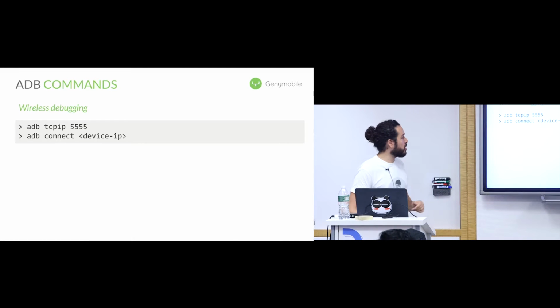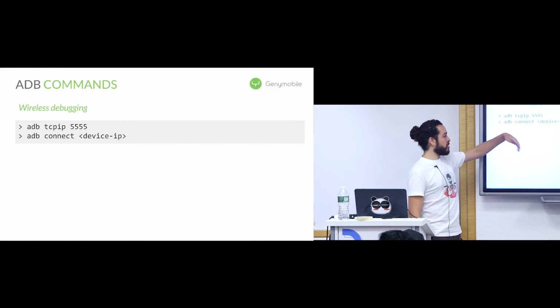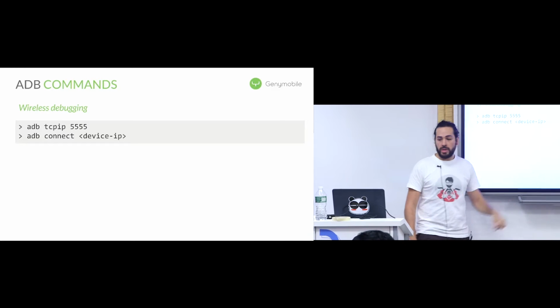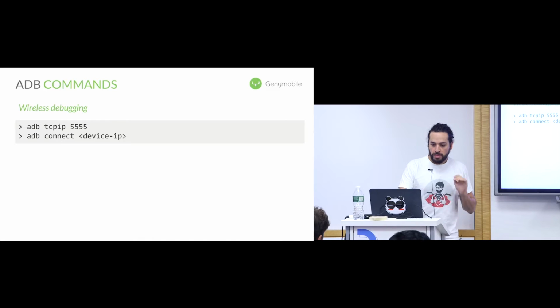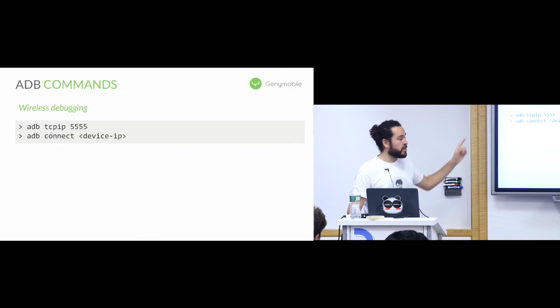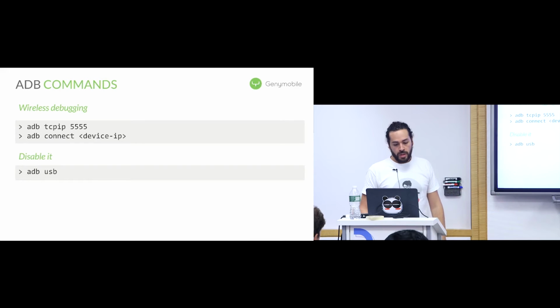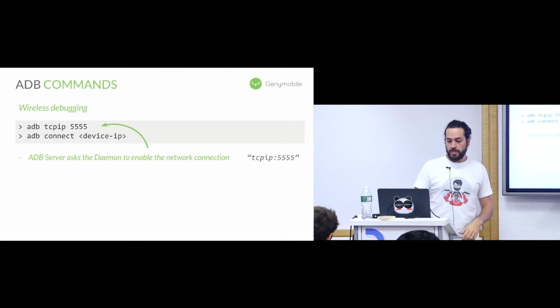Then, when it's done, you just need to connect manually to your remote, wireless device, using adb connect and the IP of the device. Is it clear for everybody? Yeah? Okay, so now let's see what this command is doing for real on the device. Oh yeah, one thing. If you want to disable it, just type adb usb, okay?